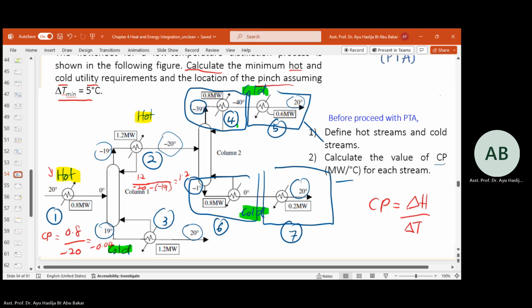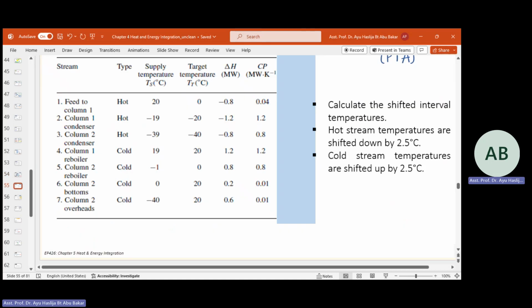Okay, I go straight to this. In this slide, you see the delta H over here: negative 0.8, negative 1.2, and negative. Why does it use the negative sign?